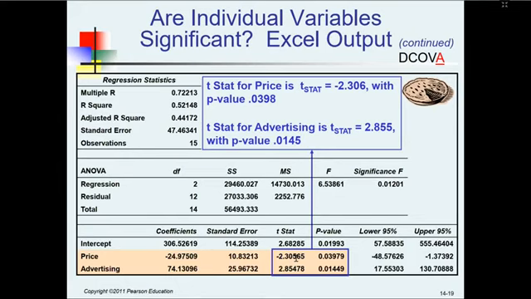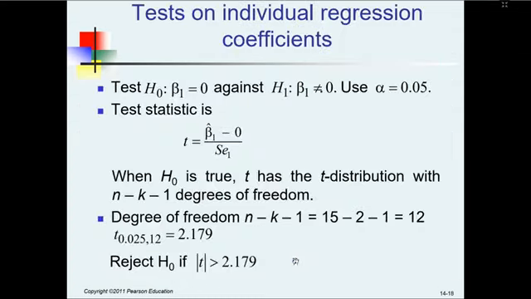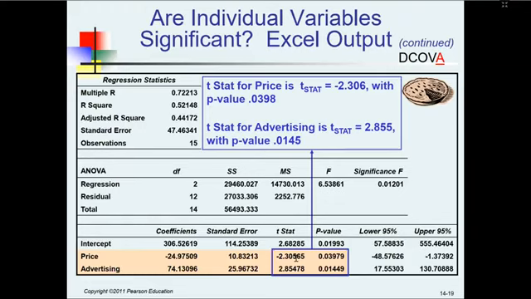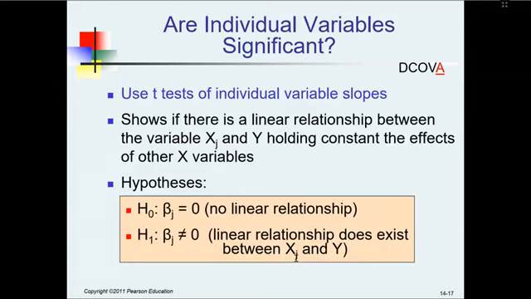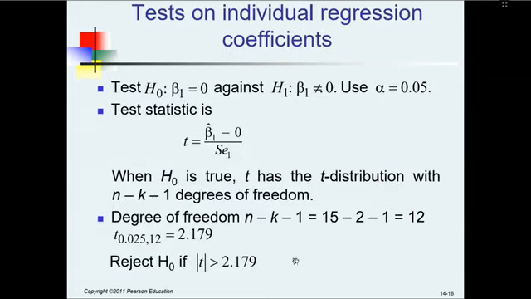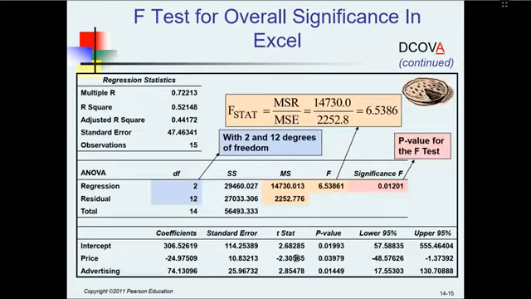We are taking the absolute value because it's a two-tailed test. So is it less than or greater than? It's greater than. So when it's greater than, we say we should reject H naught.